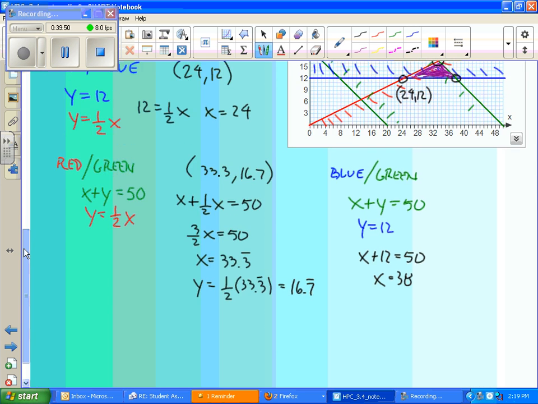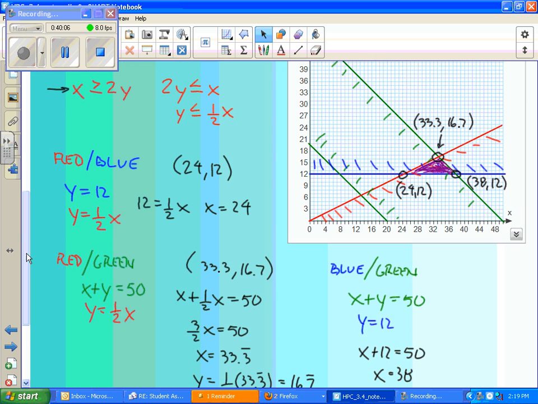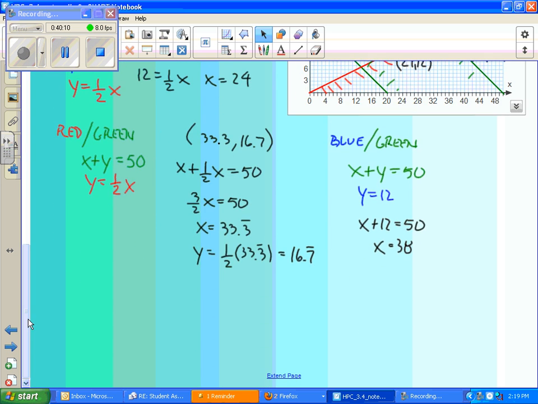And then there's our last corner point. And we're probably minimizing, so I'm thinking that 24, 12 is probably going to be my number. I bet you're right.